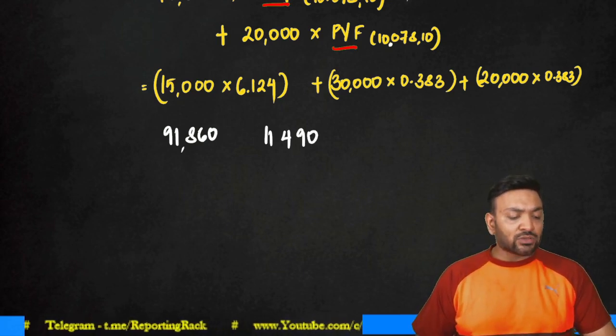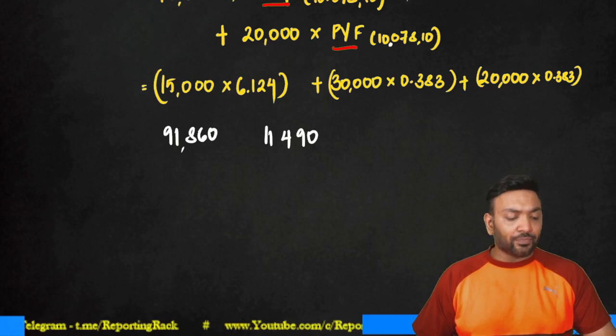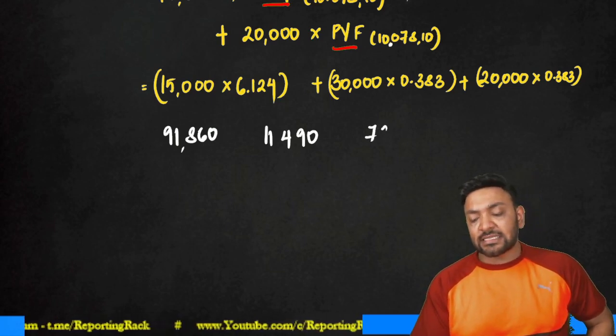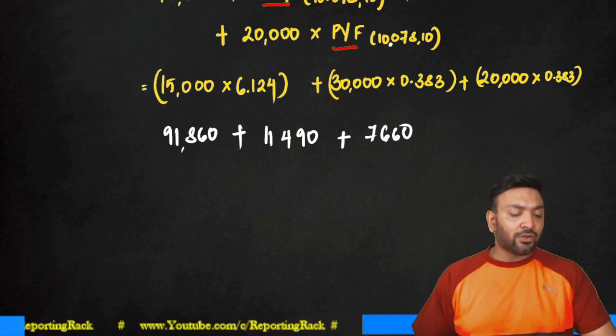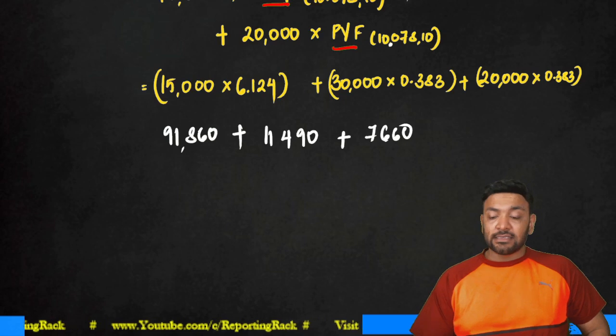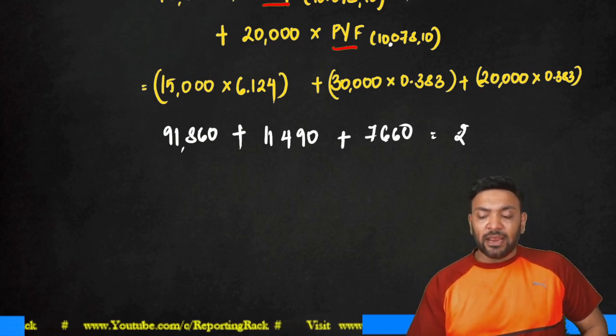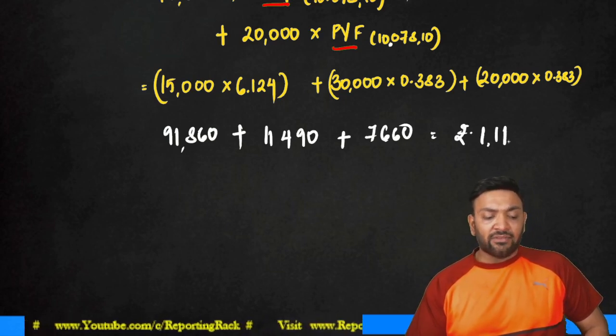Lastly, 20,000 into 0.383, 7,660. Now check. Your answers are correct, I guess. The total answer would be 1,11,010.